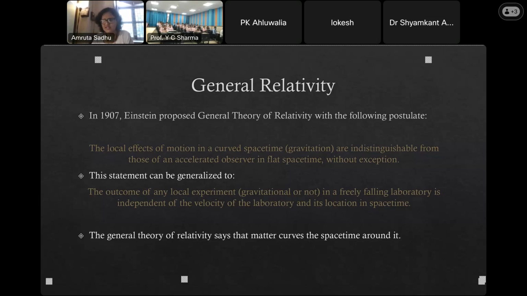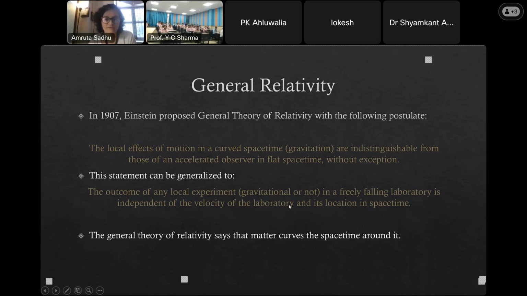We treat it as a flat surface. So this is a bit like that. On a larger scale, you have curvature, and on a smaller scale, you can treat your space-time as flat. And this is a recurring theme in general relativity.